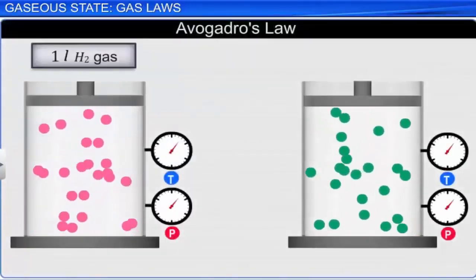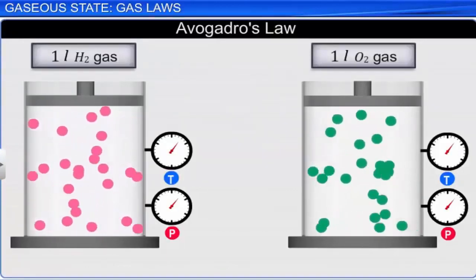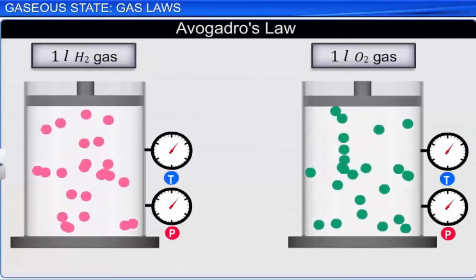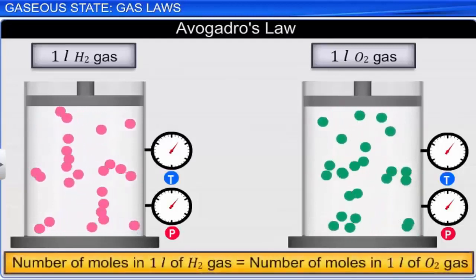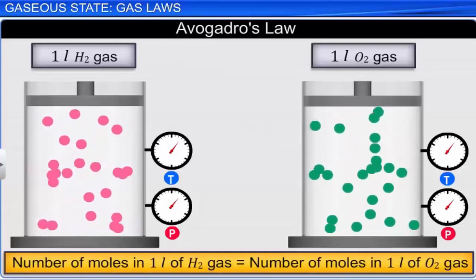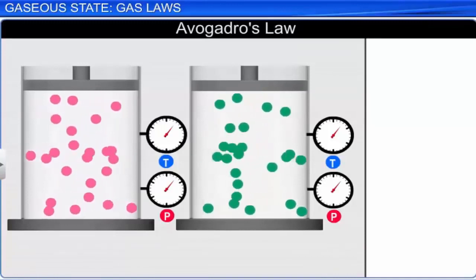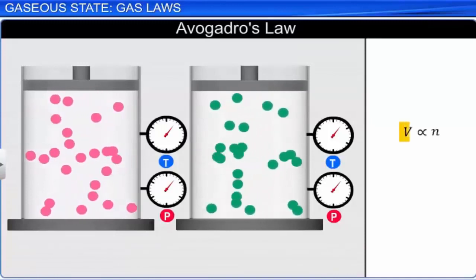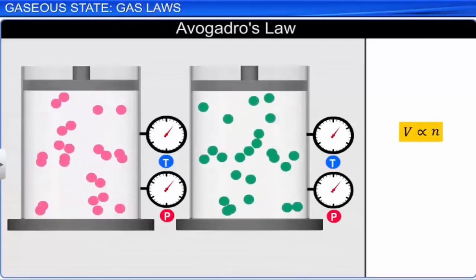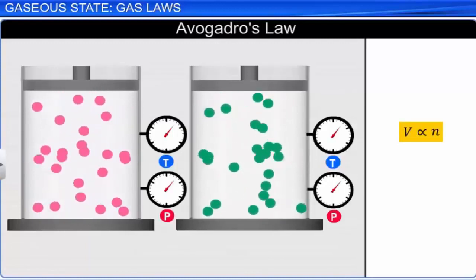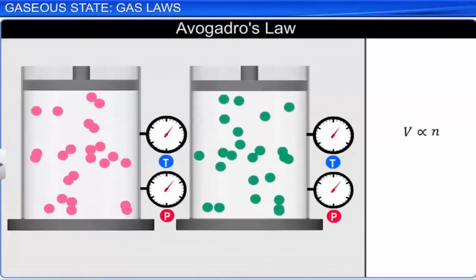Then, according to Avogadro's law, at the same temperature and pressure, both contain an equal number of molecules. Mathematically, Avogadro's law can be written as V is directly proportional to n, where V is the volume of the gas and n is the amount of gas or number of moles of the gas. Replacing the proportionality sign by proportionality constant k, we get V is equal to nk.